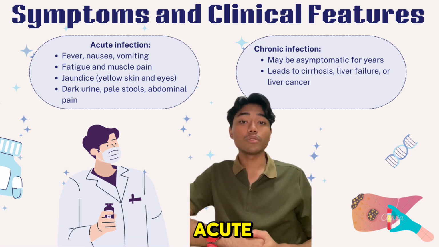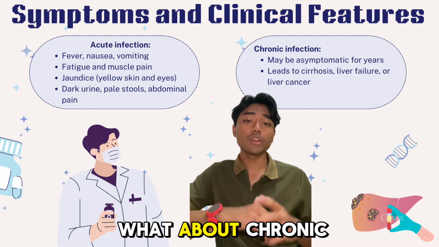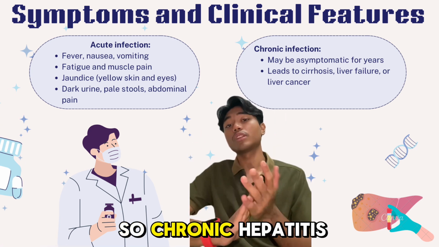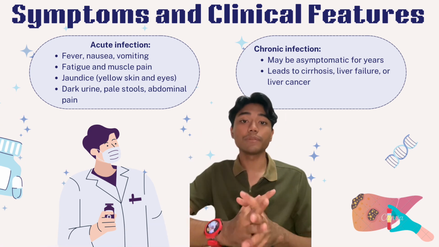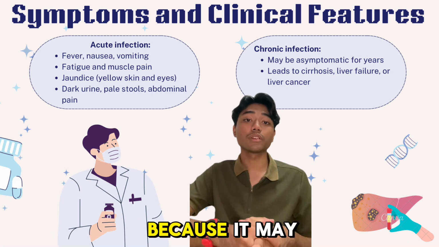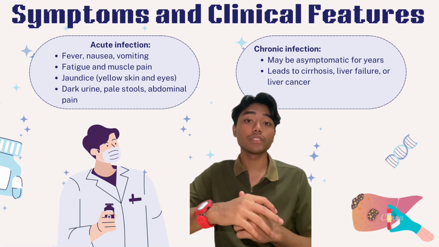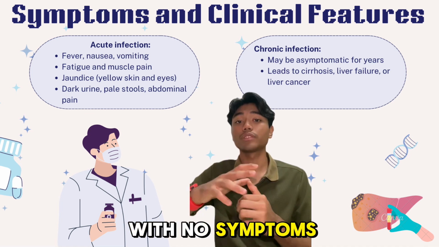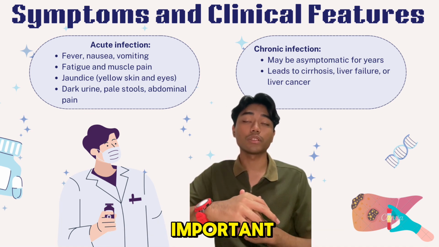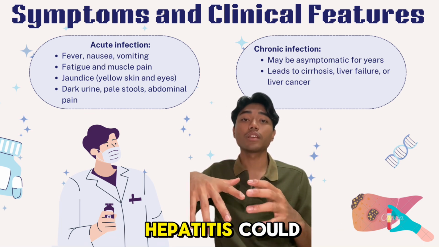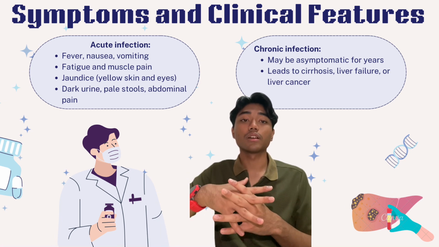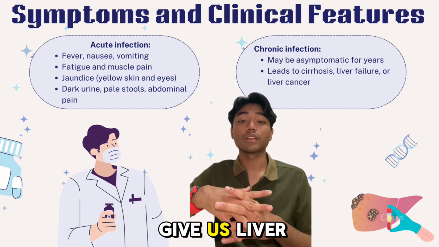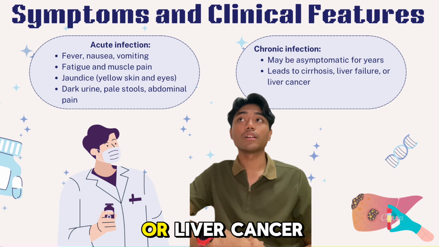So that's for acute hepatitis. What about chronic hepatitis? Chronic hepatitis, especially B and C, is very dangerous because it may remain silent in our body for years with no symptoms, which makes screening important. And chronic hepatitis could give us liver cirrhosis or liver cancer.